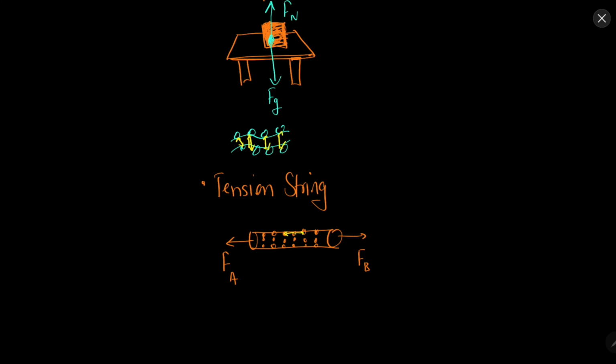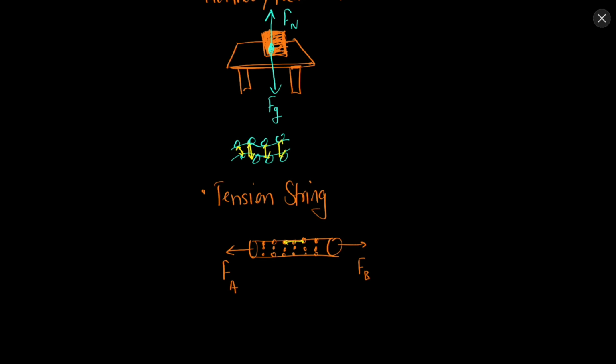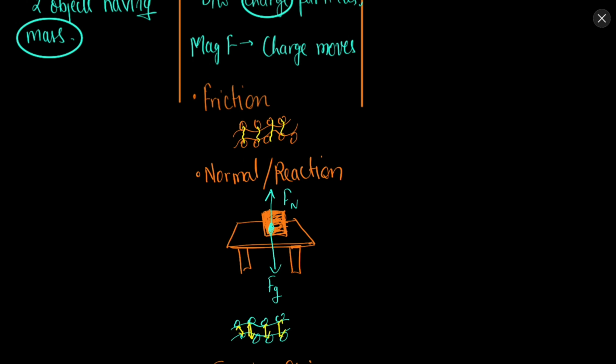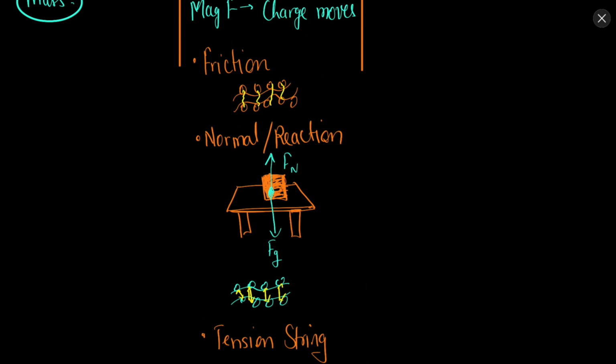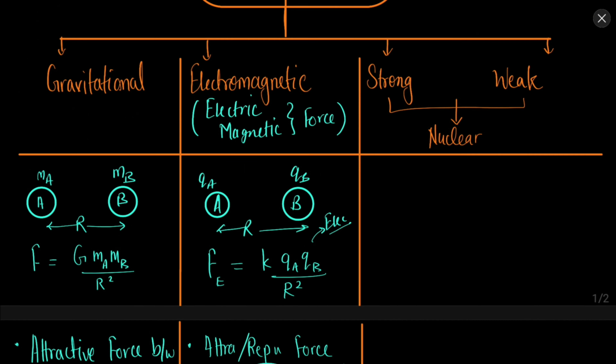Obviously after a certain time, if the forces are huge, the string will break, but in usual cases, this tension is again because of the electromagnetic interaction of the atoms and molecules. Similarly for a spring, the force is electromagnetic in nature. So the usual forces in our day to day life are electromagnetic in nature.